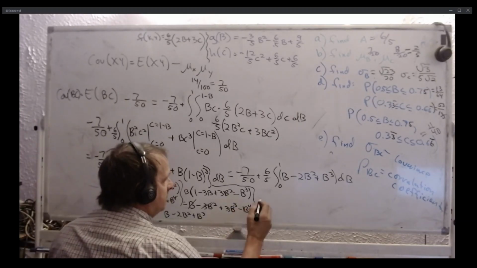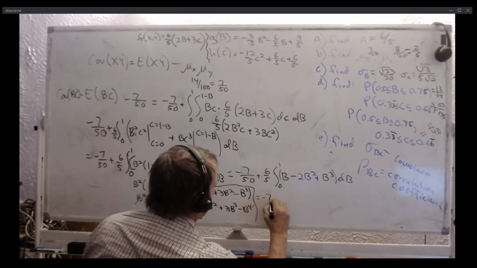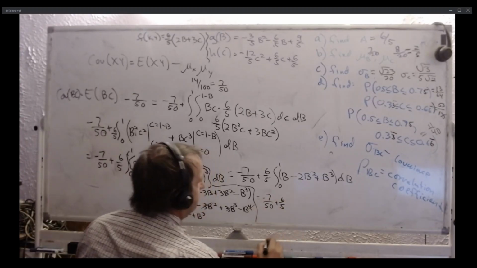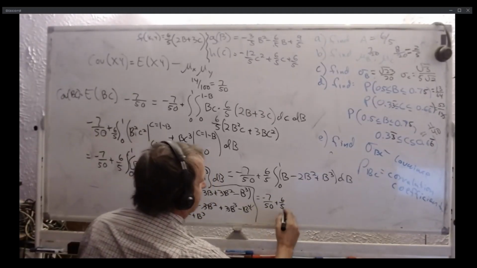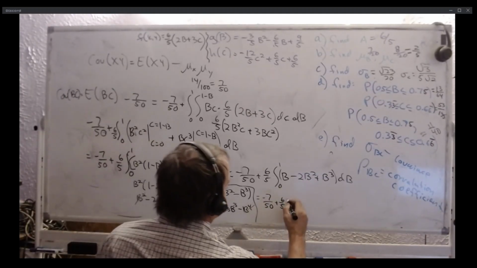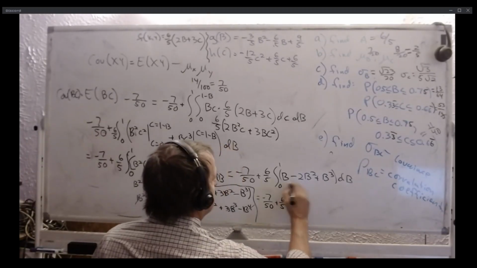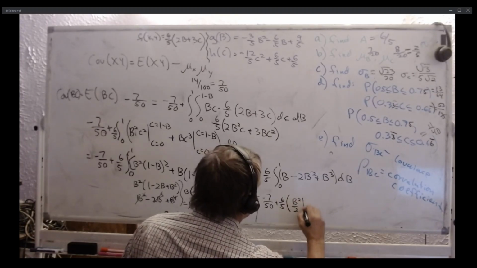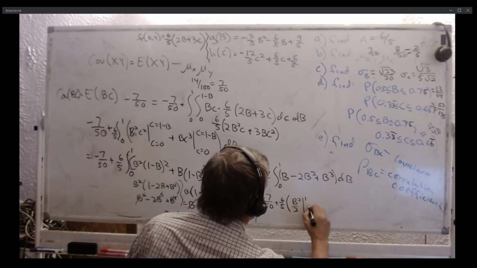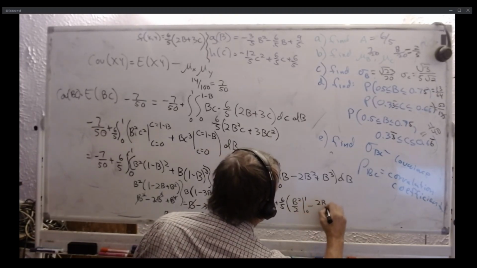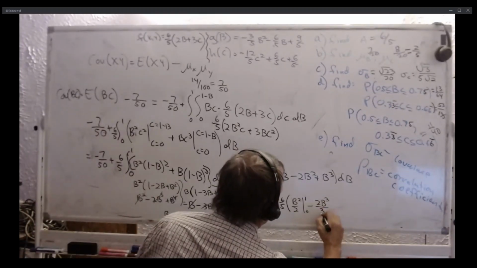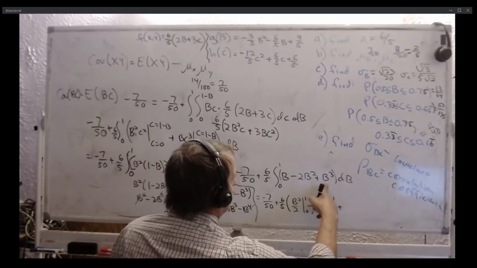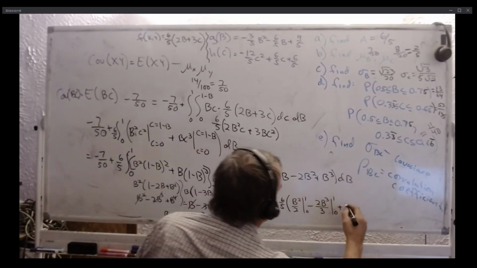Okay, so when we integrate this, look, I didn't drop the 6/5 yet. Imagine that. B squared over 2, 0 to 1, minus 2b to the third over 3, 0 to 1, plus b to the fourth over 4.